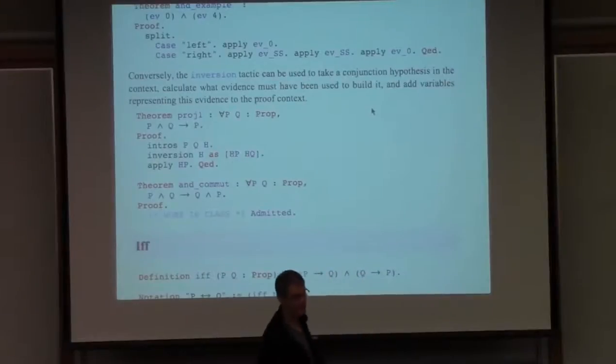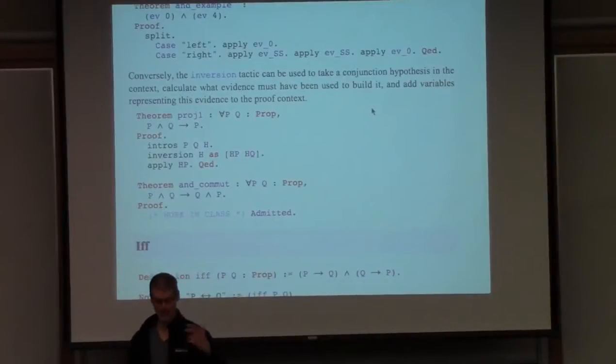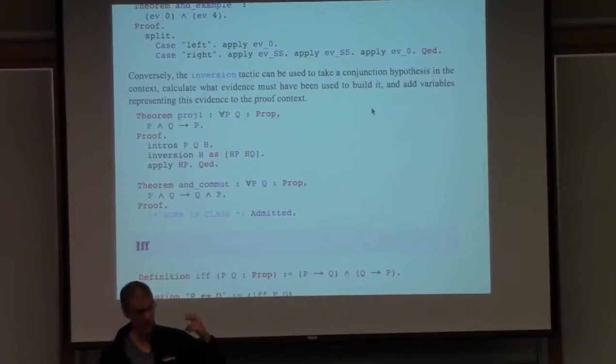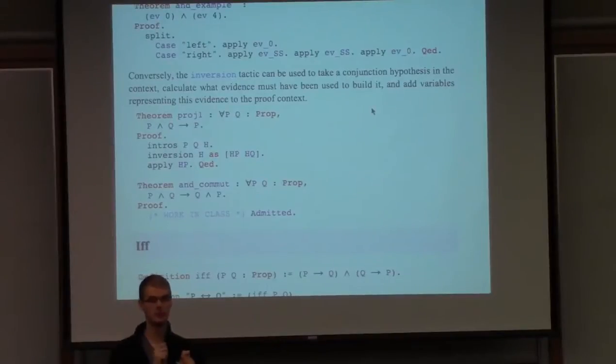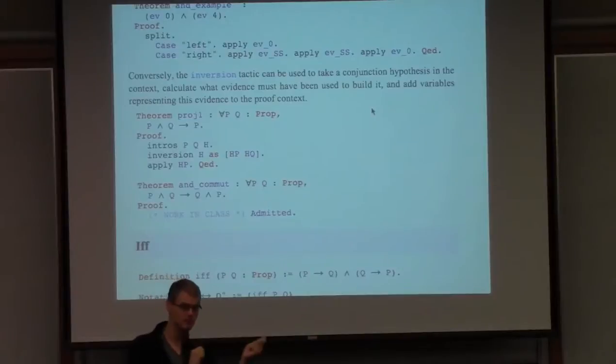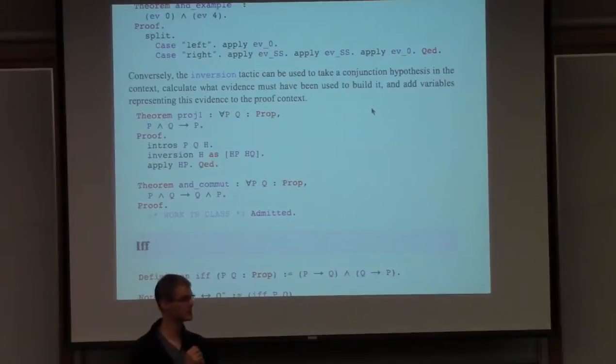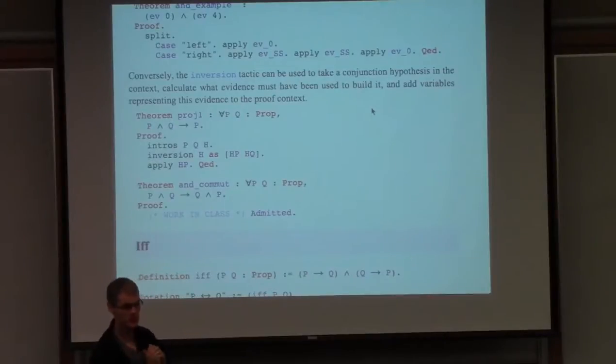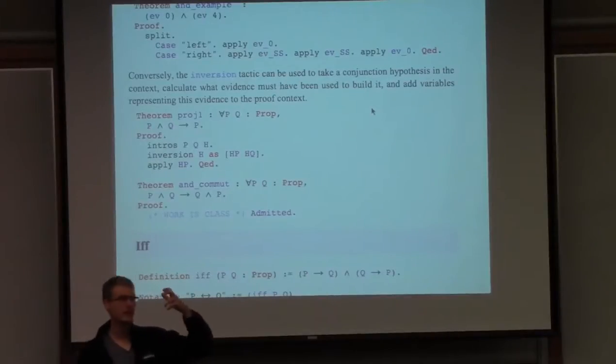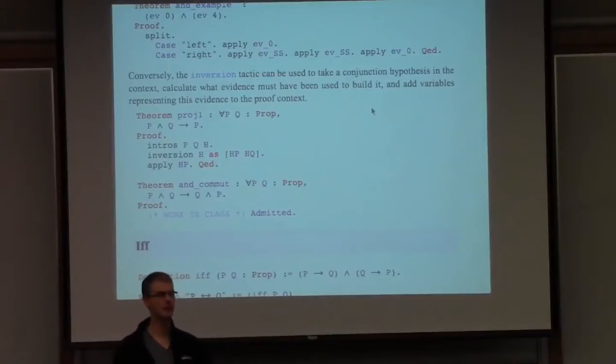And then conversely, if I have a conjunctive hypothesis, I can split it apart into two hypotheses, P and Q, by using inversion. Inversion is your friend in many of these situations where you have inductively constructed evidence and you need to find out how it could have been constructed.